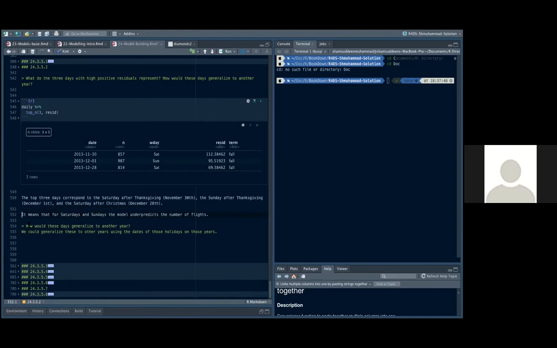I don't know if I interpreted it right, but I took it that we know when Thanksgiving falls and when Christmas falls, so we could build them into the model. So to generalize it to other years, you could mark those dates, couldn't you? You could say, okay, Thanksgiving's the 4th Thursday of November, so we know what the Saturday after that would be, and then you could build it into the model so that it would account for it in future years.